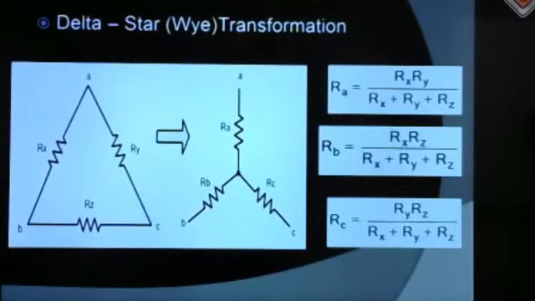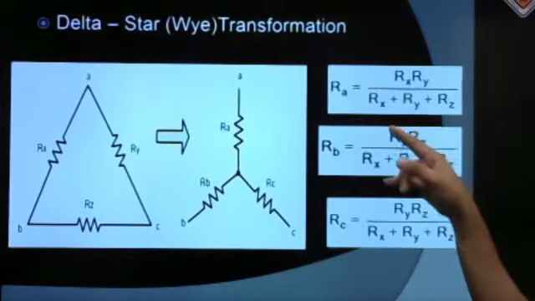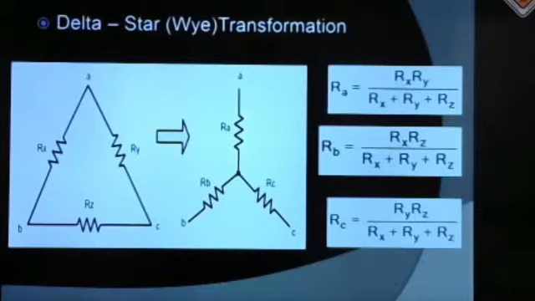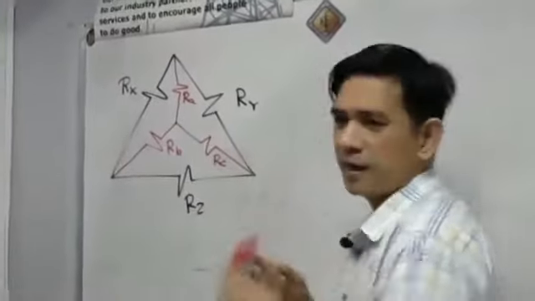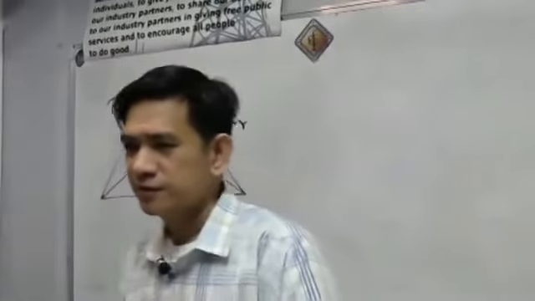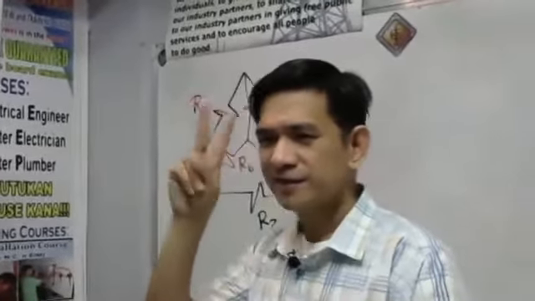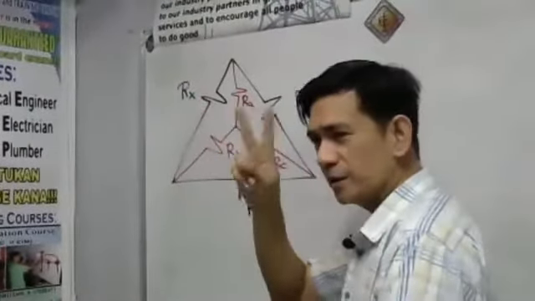So we have our Ra. Take a look here, guys. Our Ra is equal to XY over the sum of X, Y, and Z. This is our Ra in our figure. A simple technique is using your two fingers.